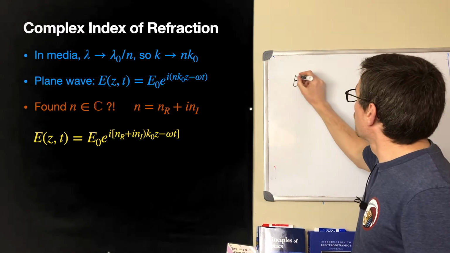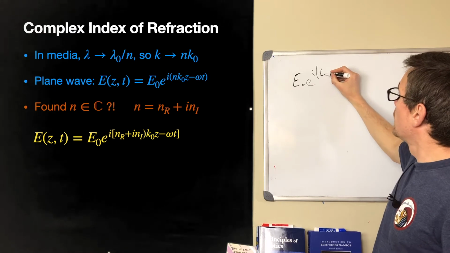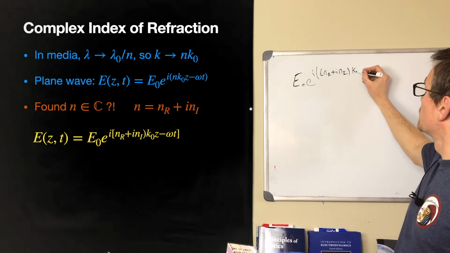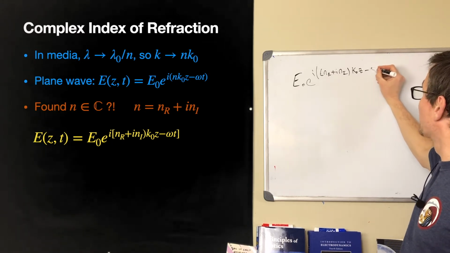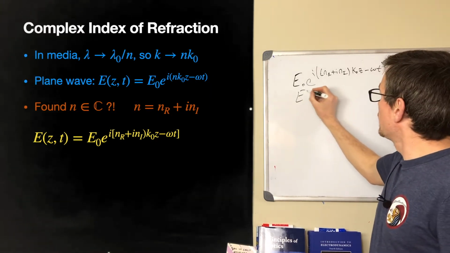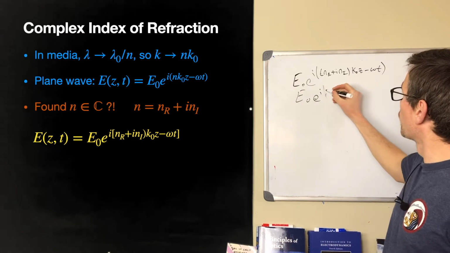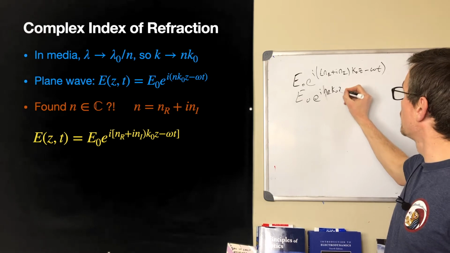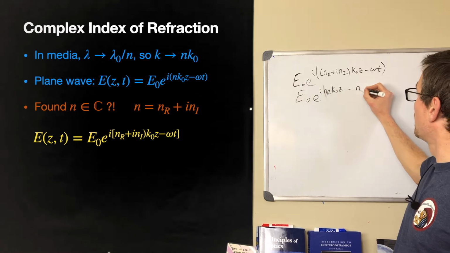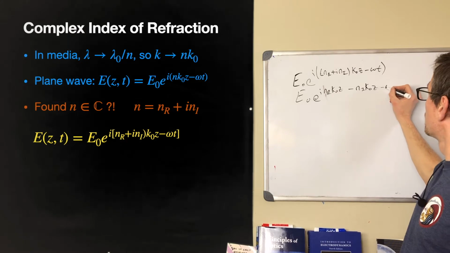We get E naught e to the i n k, where n is now n real plus i times n imaginary, whatever those are, times k as it would be in the vacuum, minus omega t. And we get E naught e to the, let's just write it all out, i times n real k naught z plus i times i, that's negative 1, times n imaginary k naught z, minus omega t.